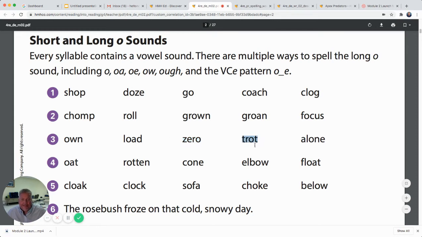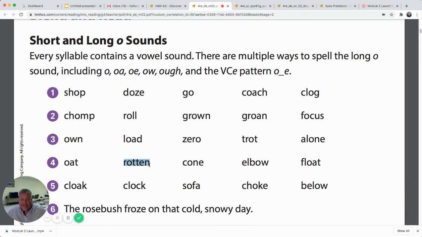Trot. That doesn't say O, does it? It's the short O sound. Alone. There's the O, but it's got the consonant E, so it's this pattern: O consonant E for the long O. Oat. OA pattern. Rotten. Wait, that's not rote-en, is it? What's that word? It's rotten. It's the short O. Cone.